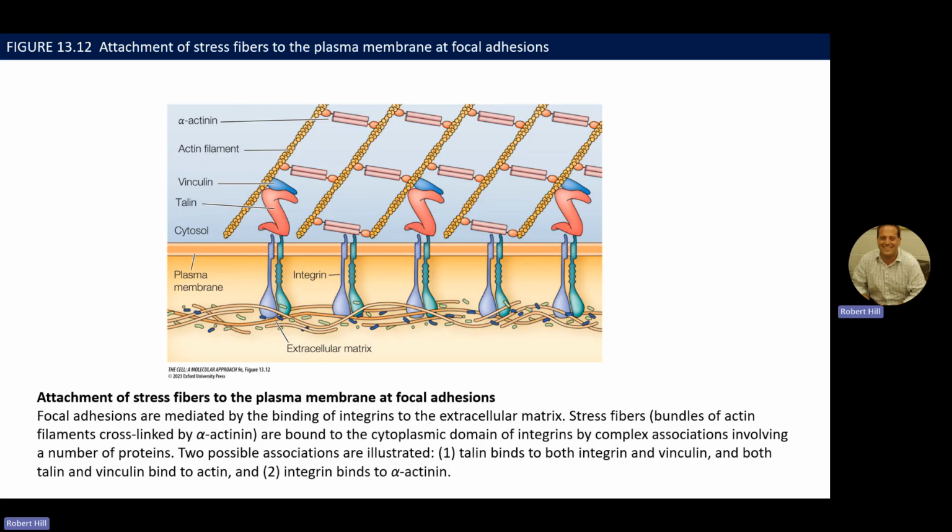A really good example of that is in the bone marrow in terms of cancer treatment. So when cells, like blood cells, plasma cells, are just floating around in the plasma, they're relatively more sensitive to chemotherapy than they are when they're bound in the fibronectin in the bone marrow.